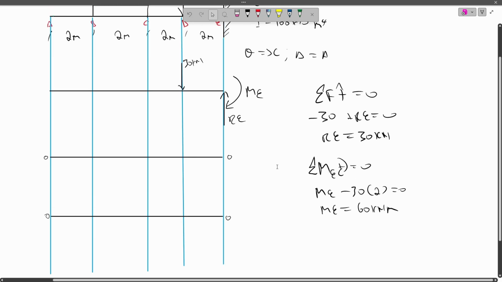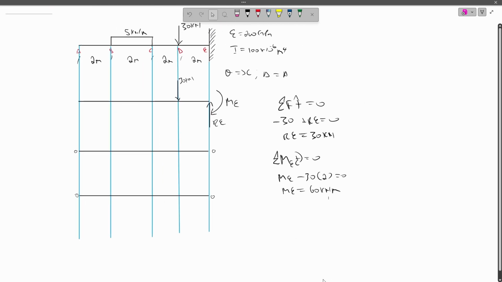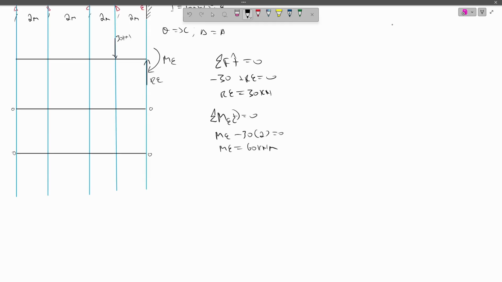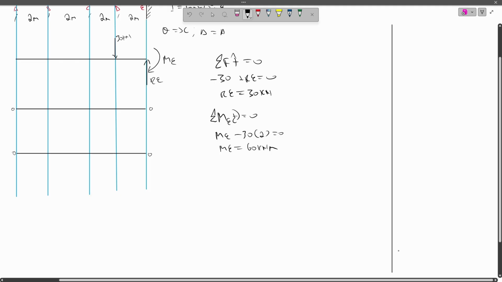Now let's calculate our shear force and our bending moment. Let's draw a line to separate our page.